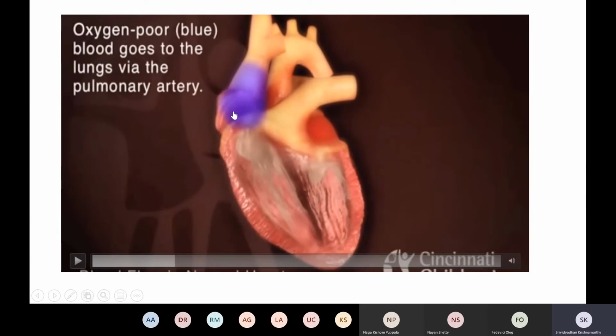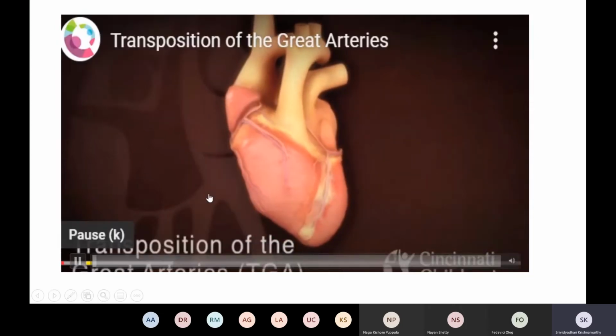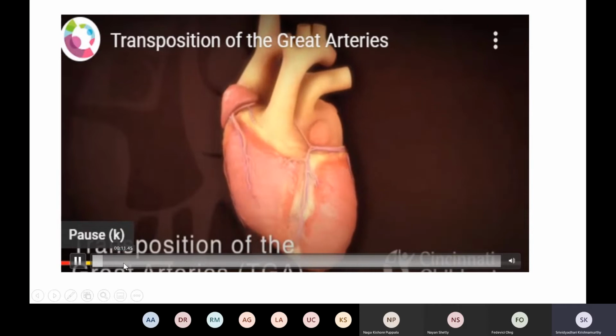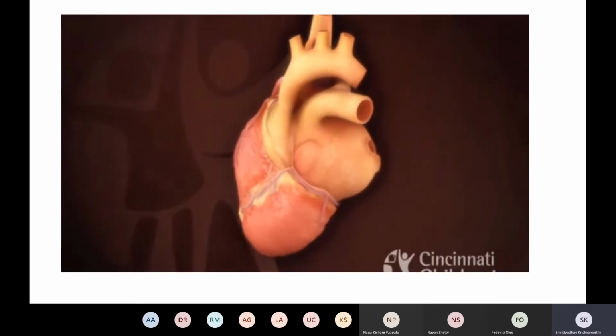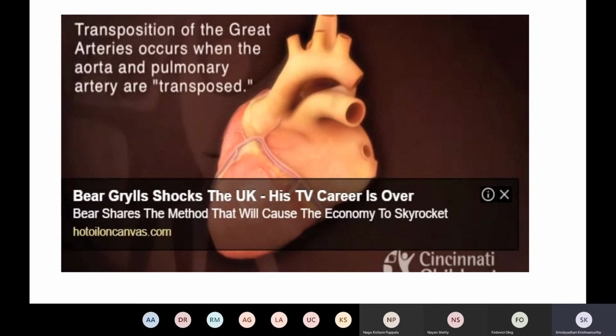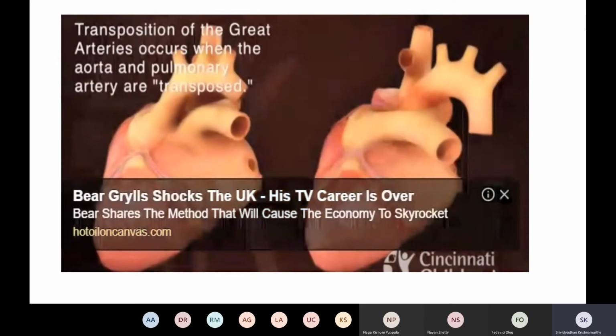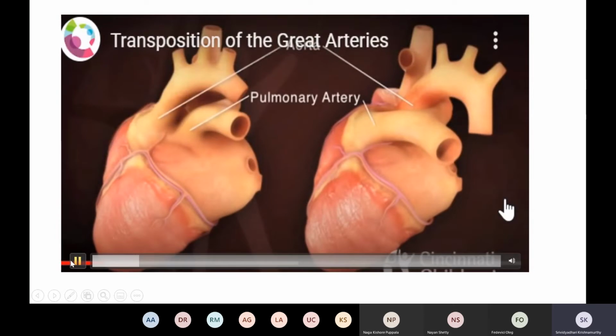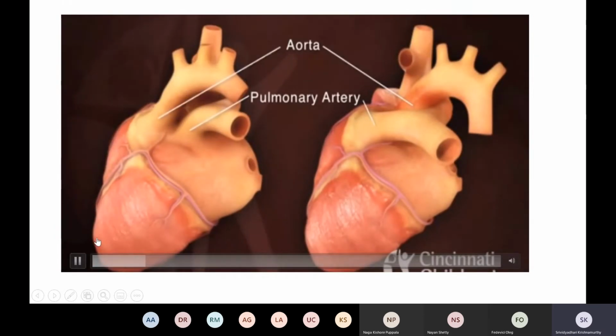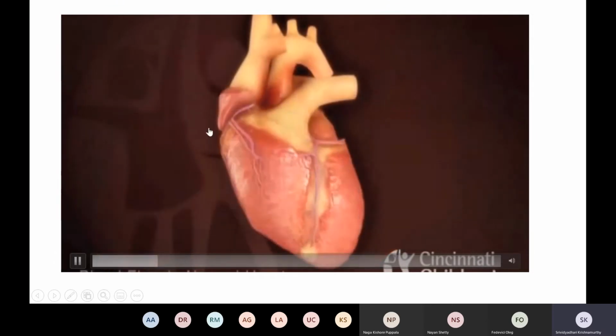That is the deoxygenated blood from the right atrium coming on. Sorry, having a bit of a problem with the working of this. So that's the aortic trunk, that's the pulmonary trunk.